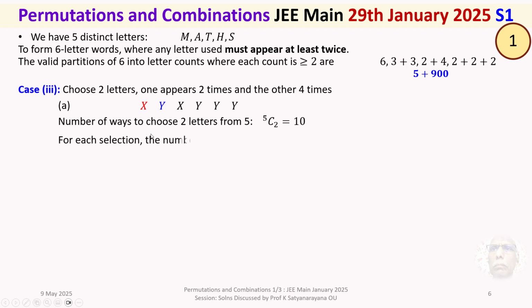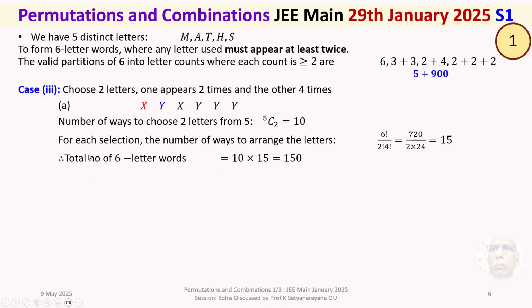For each such selection, the number of ways to arrange the letters is 6 letters, in which 2 of them are alike, that is X, and 4 of them are alike, that is Y. That is 6 factorial by 2 factorial into 4 factorial, that is 720 by 2 into 24, that is 15. Therefore, by the product rule of counting, the total number of 6-letter words will be 10 into 15, that is 150.